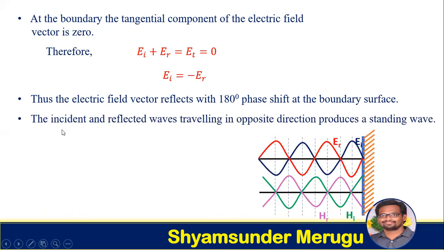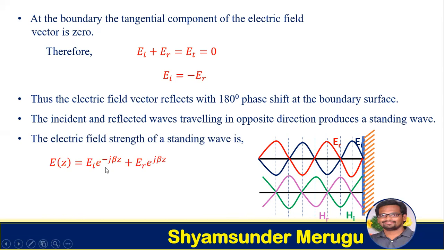surface. Now the incident and reflected waves travel in opposite directions and they produce a standing wave that we can observe in this picture. Here the incident wave and the reflected wave both form a particular structure, and we call that a standing wave. The electric field strength of a standing wave is given as E of z equivalent to E_I e power minus j beta z plus E_R e power j beta z.